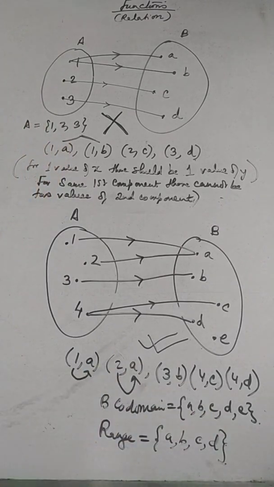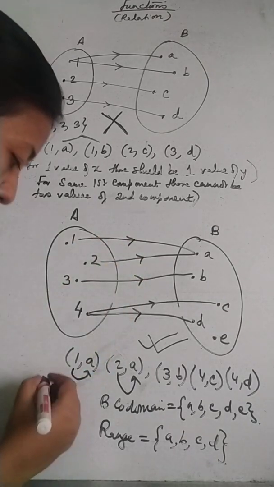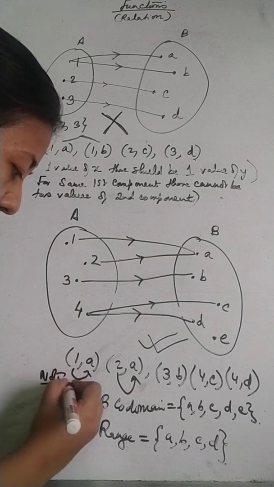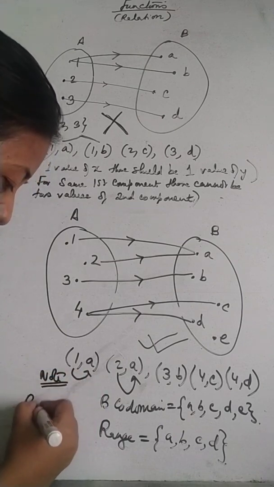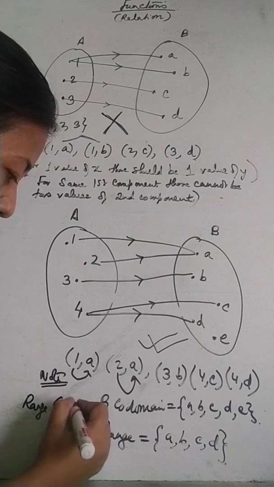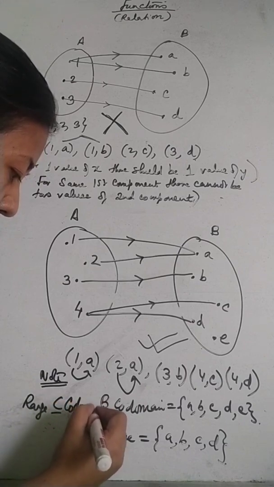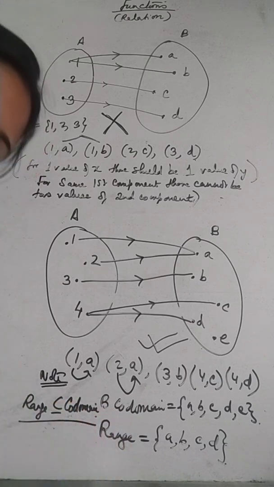So basically here range is a subset of the codomain. In this particular case, range is a subset of codomain. That is allowed.